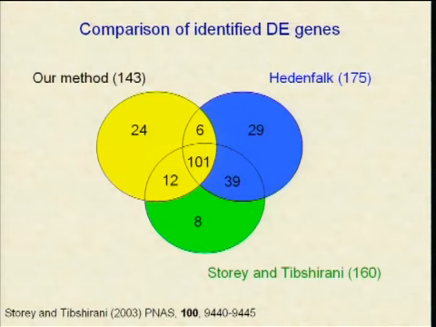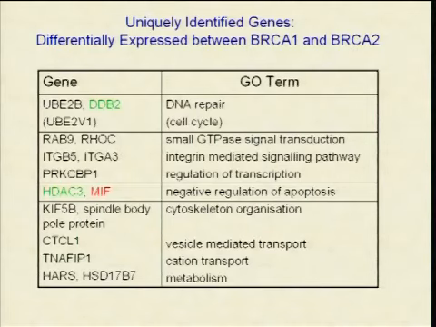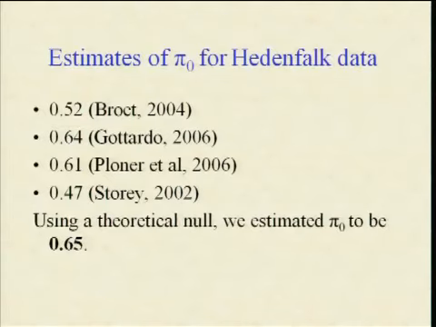And these are the genes that we found to be differentially expressed that the others hadn't noticed, and this is their GO term there. And examples, the estimate of pi naught, these are various people who've looked at this data set. We actually got a value of 0.65 here, and these are other values that people have got for the pi naught.